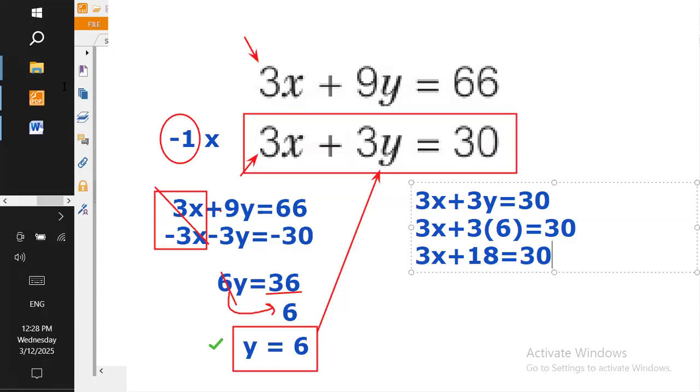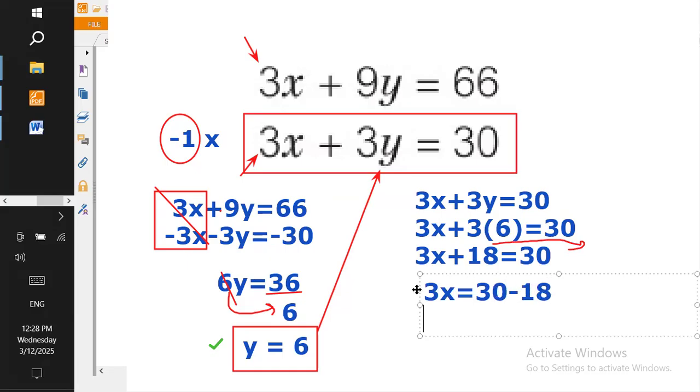Now I need to make the x the subject. I'll take the 18 to the other side because it's addition. I'm going to make it subtraction. So 3x will equal 30 minus 18. 3x will equal 12. Now, I want to make x the subject.